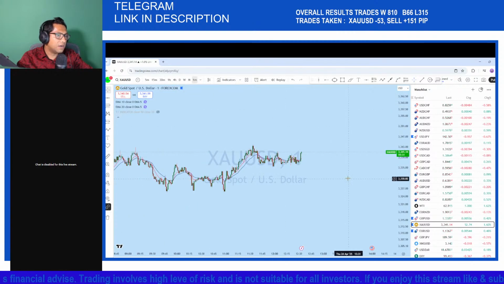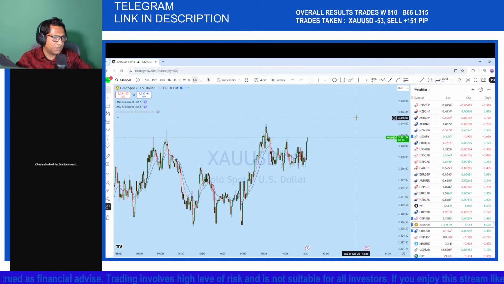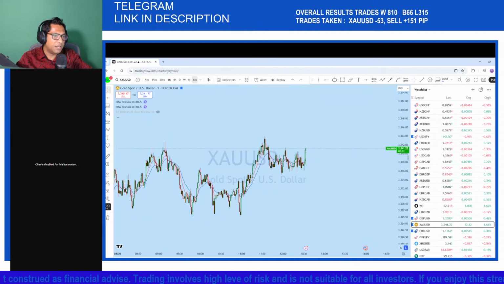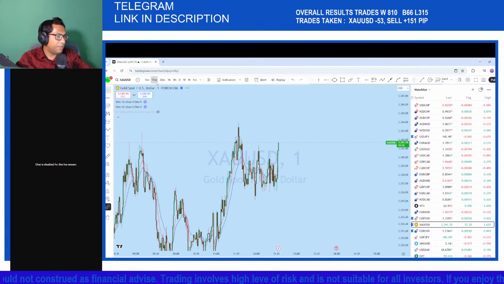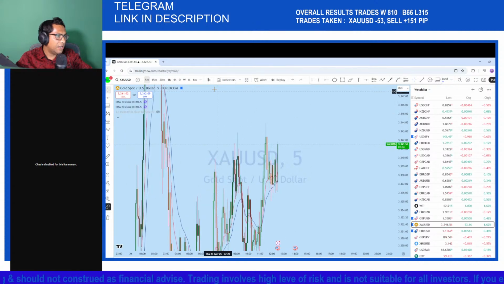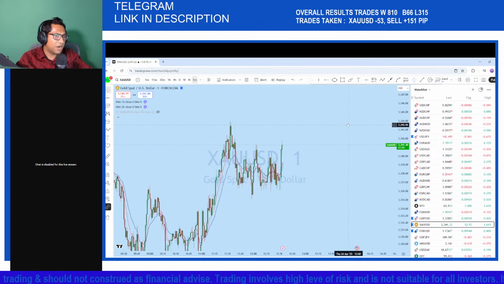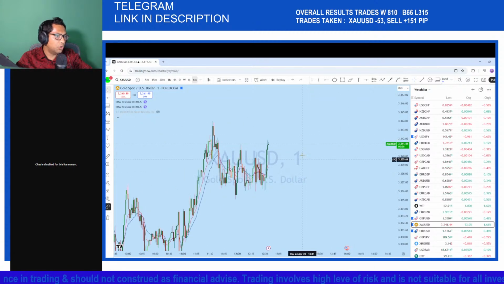The long-term trend that we can see on XAU USD is bullish, and with that bullish impulse, currently the price is, from the lower time frame, here we can see this is lower time frame price action, and this is where the market was having a strong bullish price action.